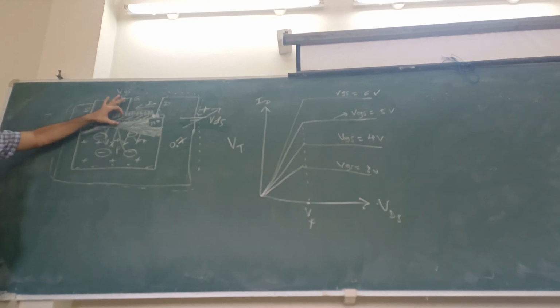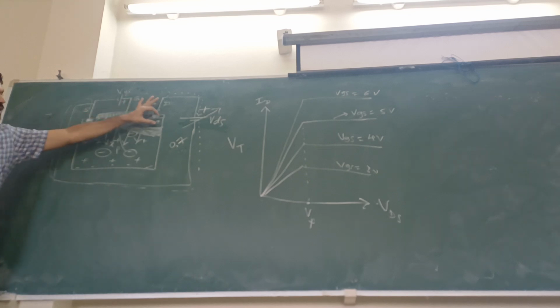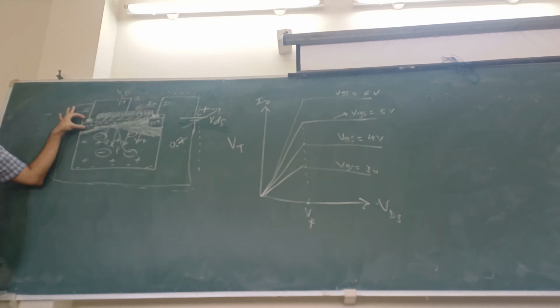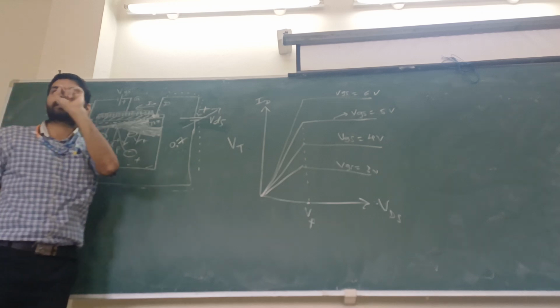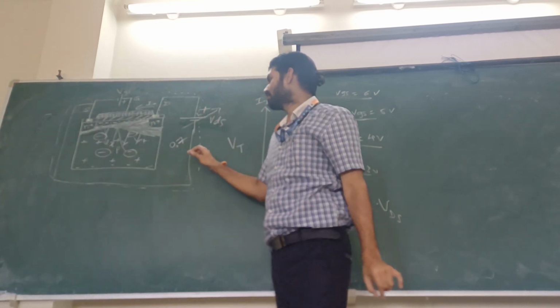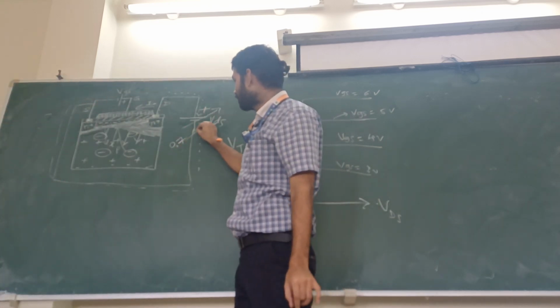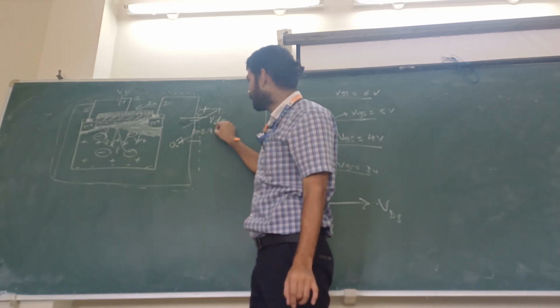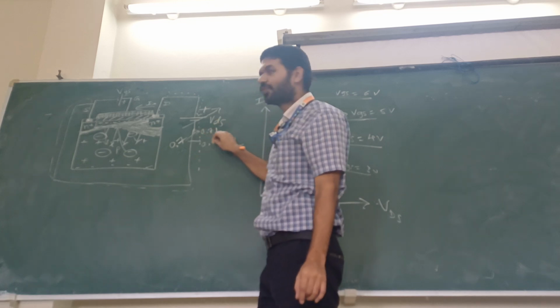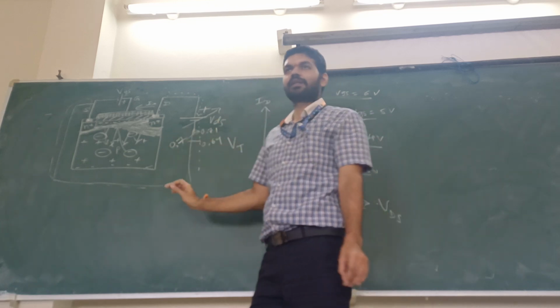Or I am saying exactly, the thickness of the SiO2 layer can be changed, which will have a small effect on this threshold voltage. So it can be changed to say 0.71 or 0.69. If you want to change it, it can be done.